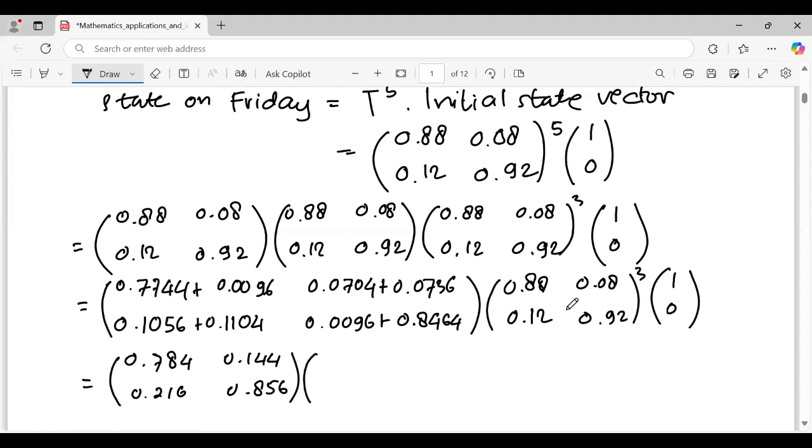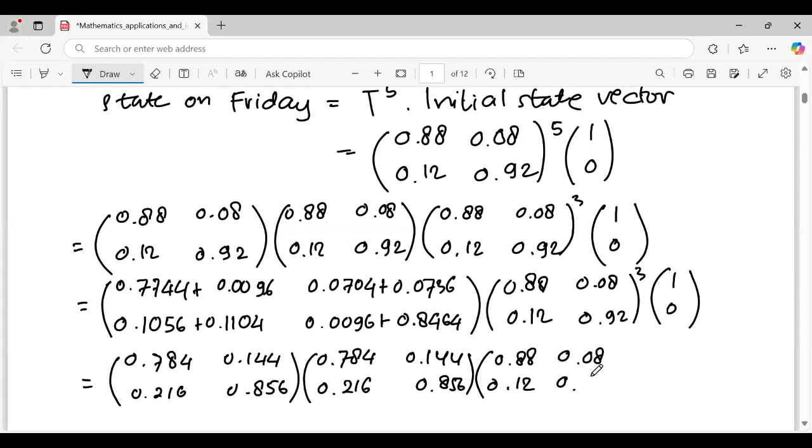I will separate this matrix: power 3 becomes power 2 and power 1. Power 3 means this matrix [0.784, 0.216; 0.144, 0.856] multiplied by this matrix [0.88, 0.12; 0.08, 0.92], multiplied by (1, 0).